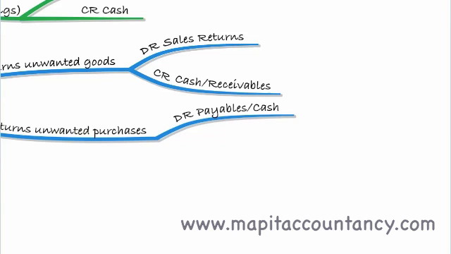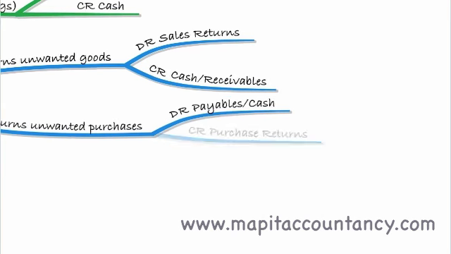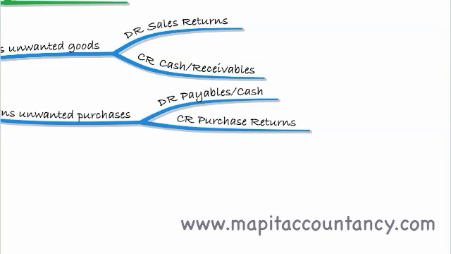So that will increase the cash. Or if we had created a payable because we hadn't yet paid for the goods, we will reverse that payable by debiting it. And the credit will be to purchase returns. So we'll need an account called purchase returns and we'll credit that account.